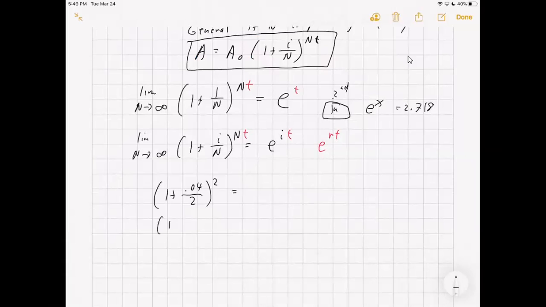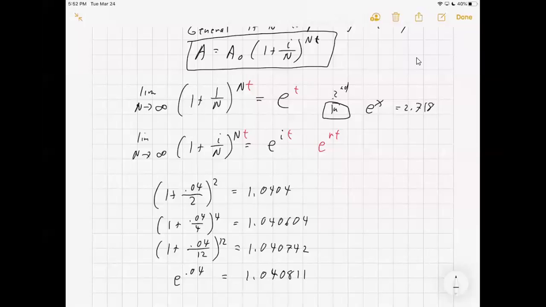And then we'll do it 1 plus 0.04 over 4, so we'll do it quarterly, to the 4. And then let's look at it monthly, 1 plus 0.04 over 12 to the 12. I want to compare that to e to the 0.04. All right. So I'm going to pause and calculate these out, and we'll see what happens with these.